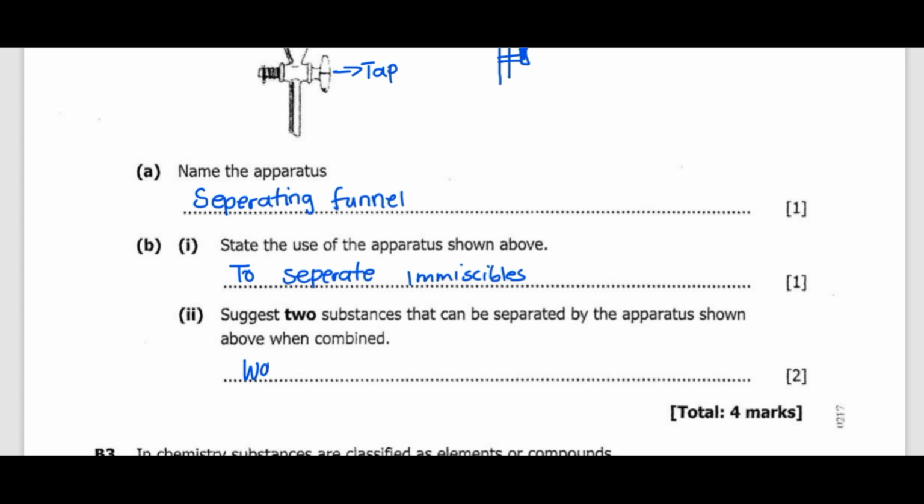An example of these substances are water and cooking oil. So just say water and oil. And why can't they mix? Because water is denser than oil. For substances with different densities, they are likely not to mix if they are put in one container.